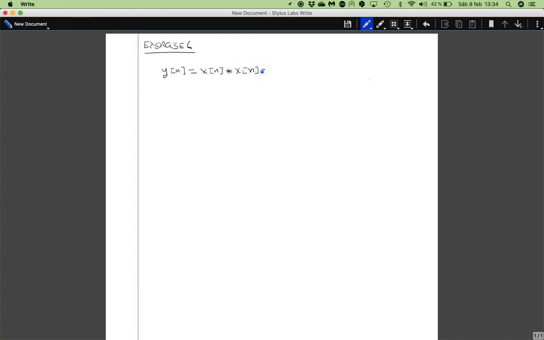Applying the definition of the convolution operation, this is the summation from k equal minus infinity to plus infinity of one of the signals, x[k], multiplied by x[n minus k].